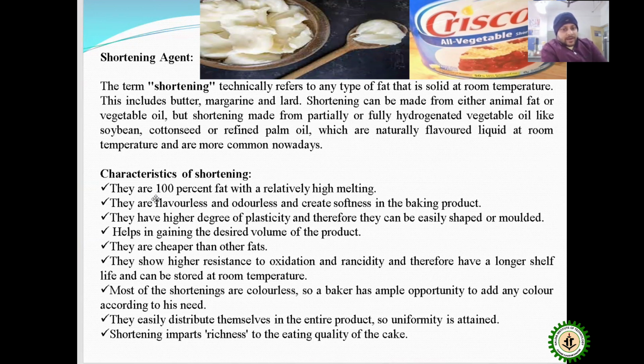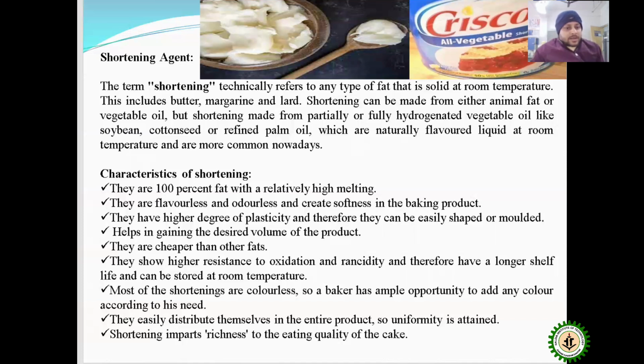They are cheaper than other fats, show higher resistance to oxidation and acidity, and easily distribute themselves in the entire product. We also use the shortening agent for the eating quality of different bakery items.